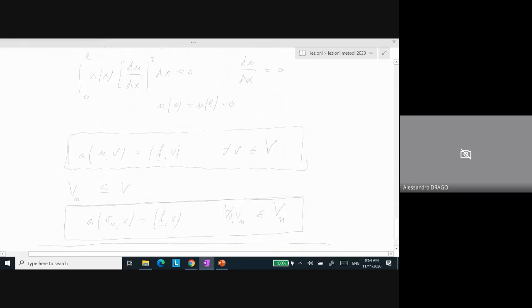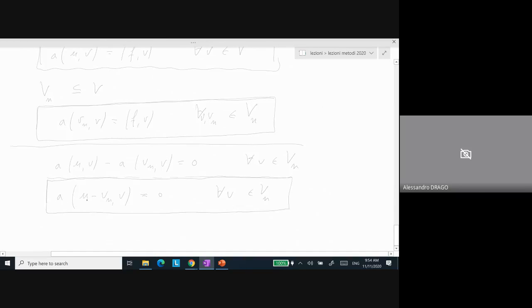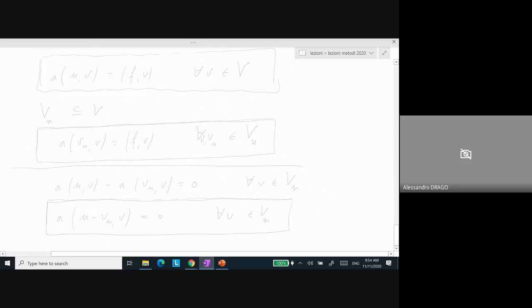We go down here. The exact solution was U. U was the solution of the original equation. U minus Vn, solution of this equation here, orthogonal to V, where V is whatever vector within the subspace.